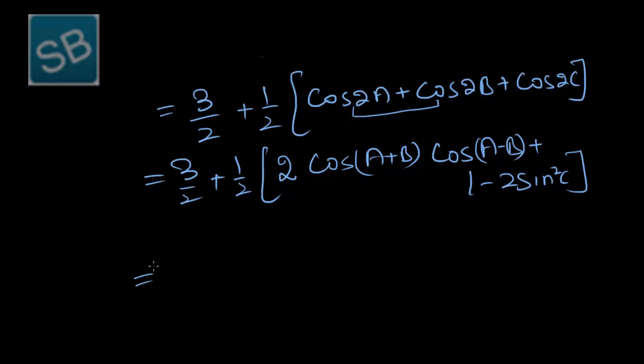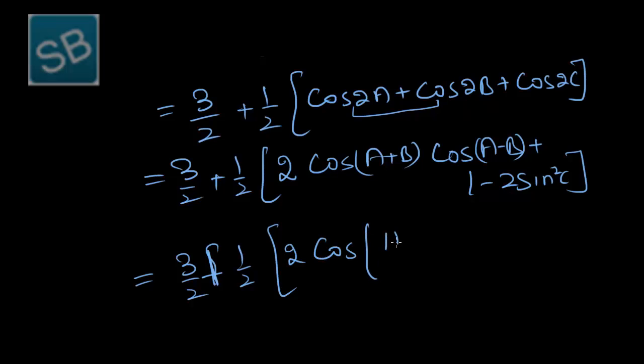So we get here 3 by 2 plus half, that is 2 cos a plus b. So we replace cos a plus b by pi by 2 minus c, as a plus b plus c is equal to pi by 2. So a plus b is pi by 2 minus c, into cos a minus b plus 1 minus 2 sine square c.